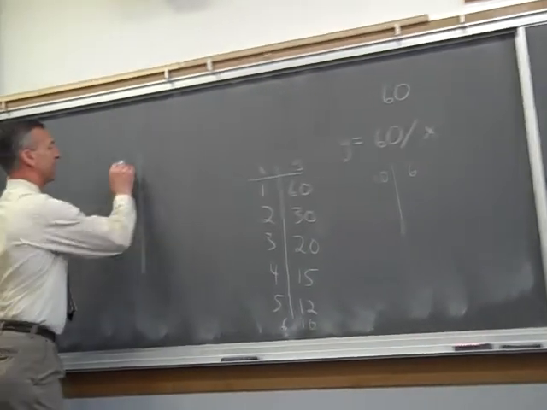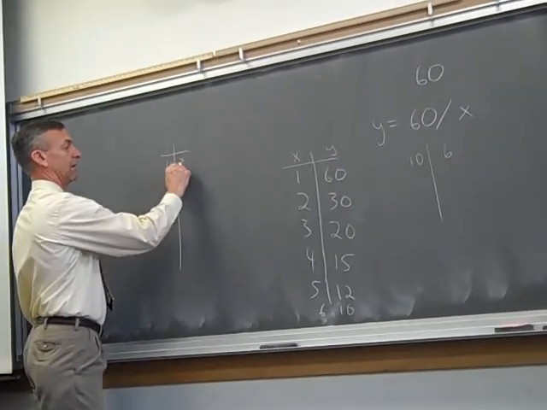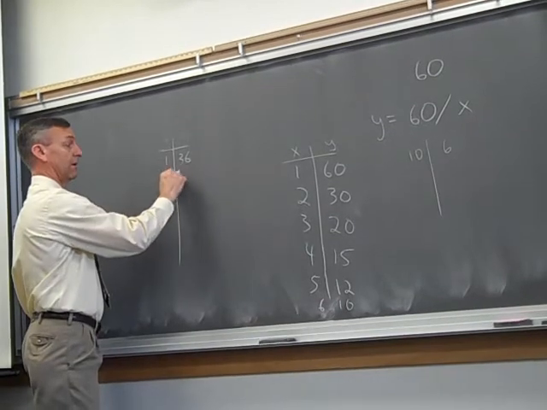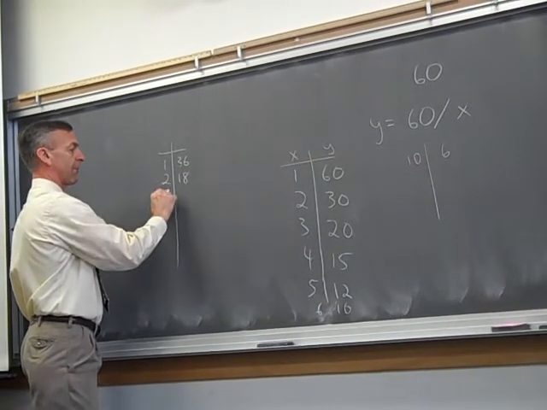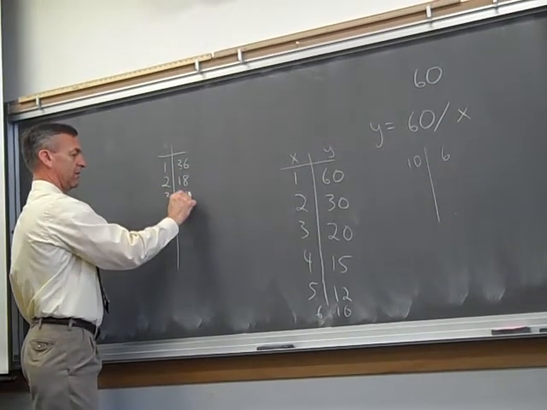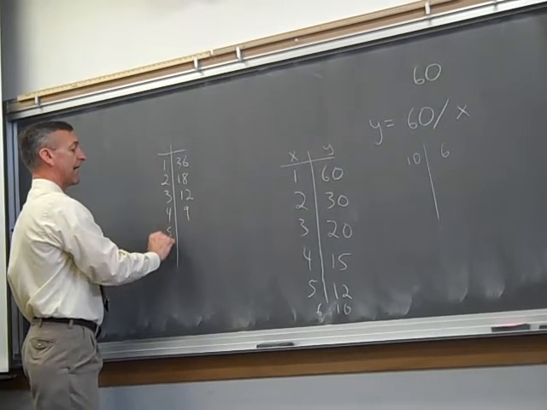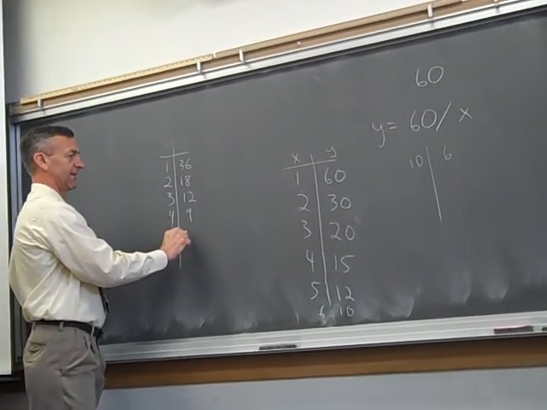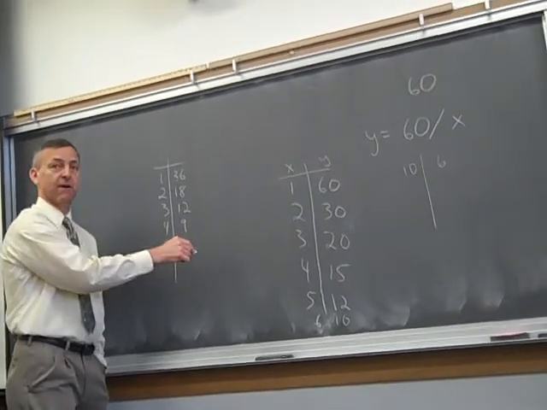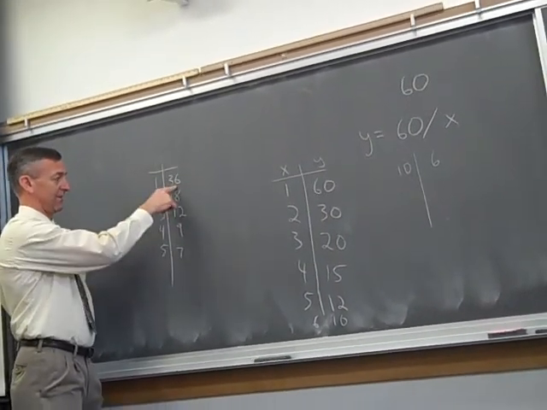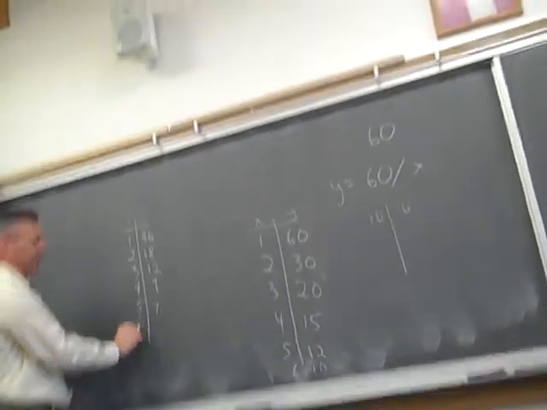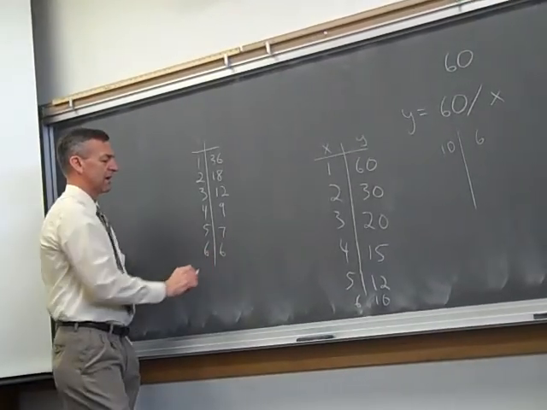We would have what? 1 and 36, 2 and 18, 3 and 12, 4 and 9. I'd try a 5, but I'd get what? 7 point something, right? And then what? 6 with a 6.